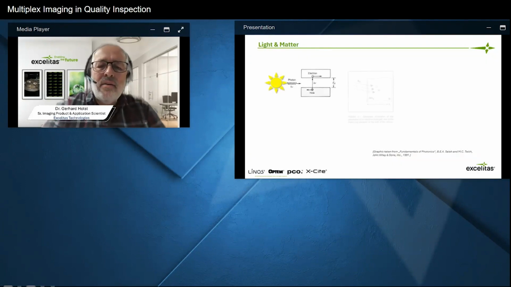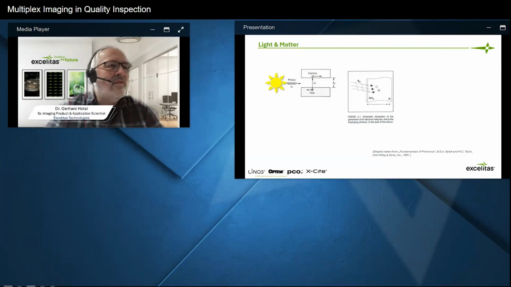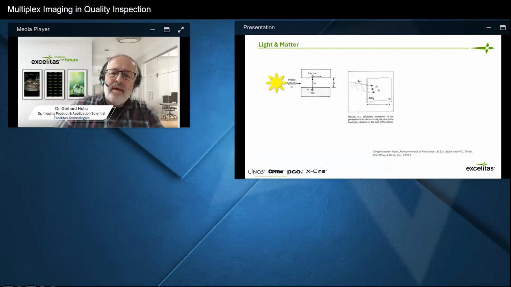We are relying on the inner photoelectric effect that you might have heard of in your high school physics or later at university. With multiplex imaging we are always relying on the interaction of light with matter. If the energy of the light is enough to be absorbed in the matter, and the energy is high enough to elevate the charge carriers over this band gap, then we can use the information.